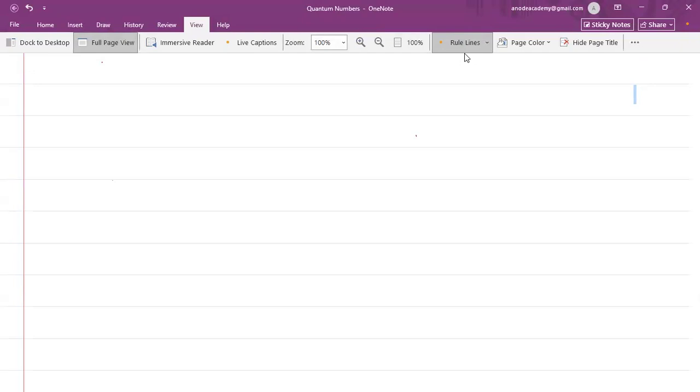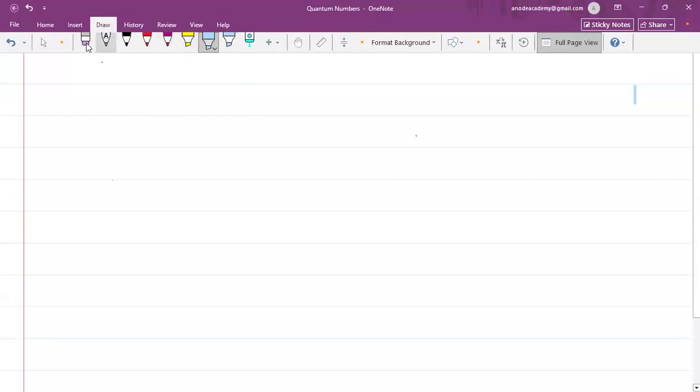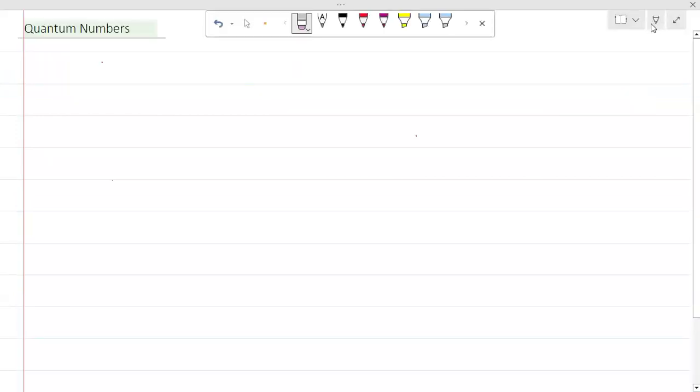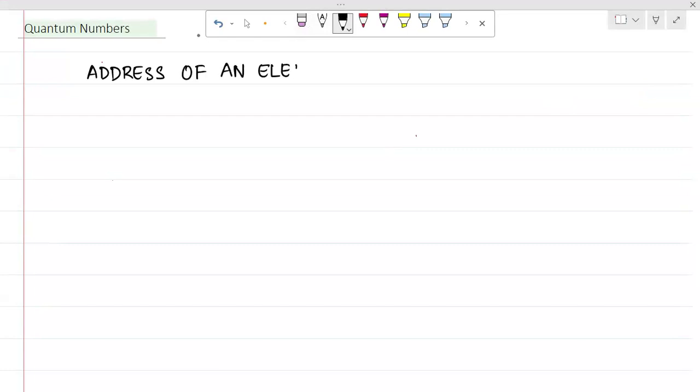So the topic that we are starting off with is quantum numbers. Now, what are quantum numbers? Very simply, quantum numbers give us the complete address of an electron.